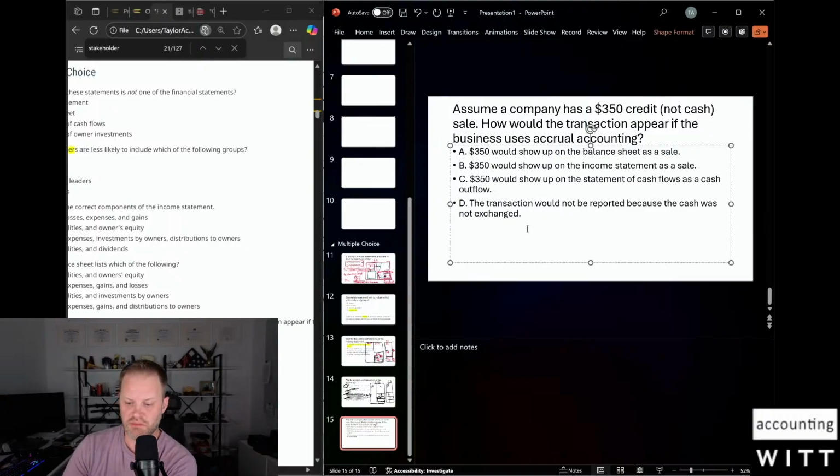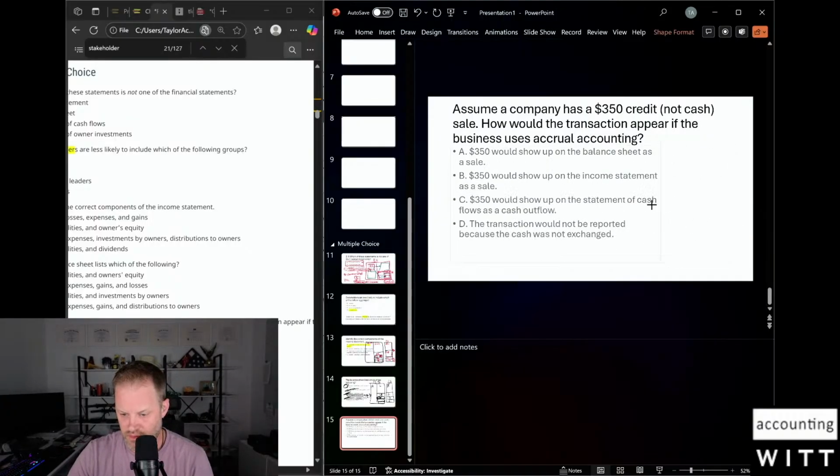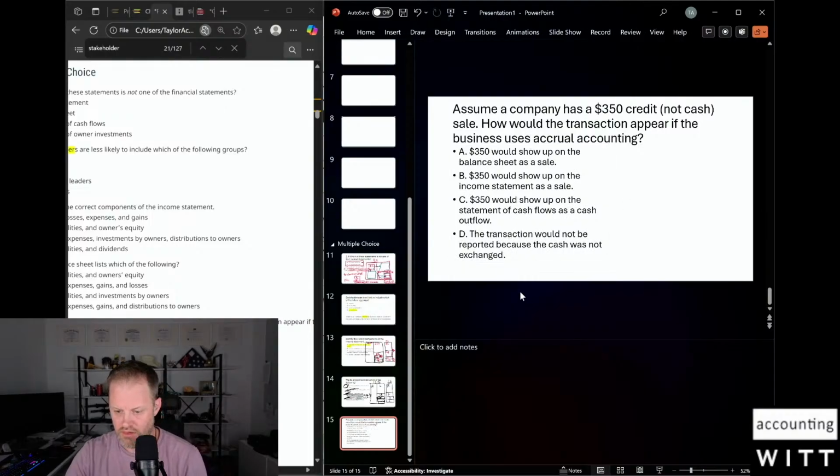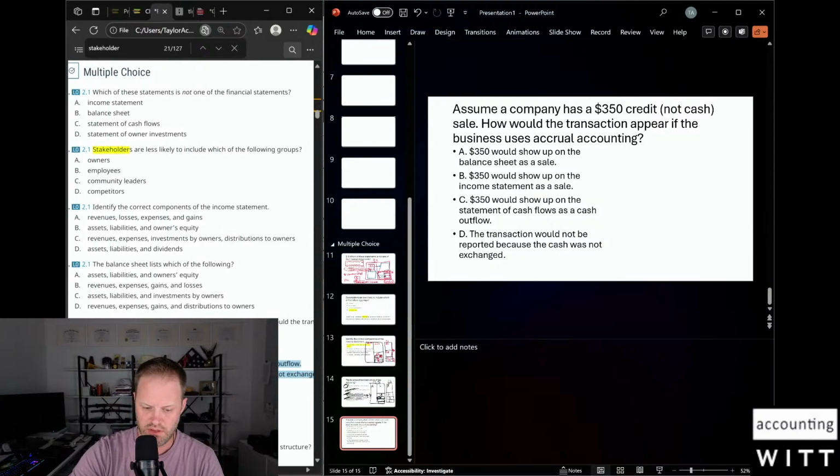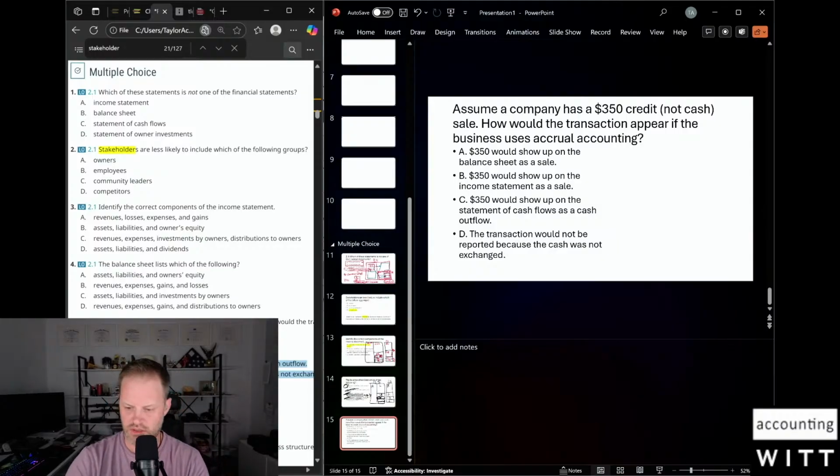So let's remember what's in play here is accrual versus cash. So step 1 is understand accrual versus cash. So this is talking accrual accounting. So that means that cash and recognition are different.